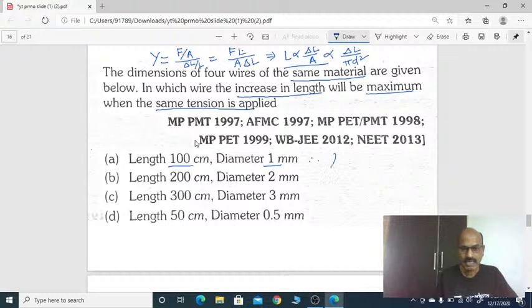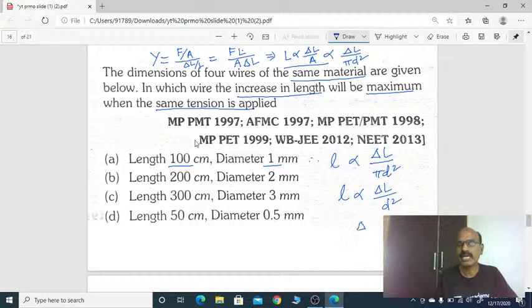See here, the length L is proportional to increase in length by pi d square. That means pi, leave it. This L is proportional to length by d square.